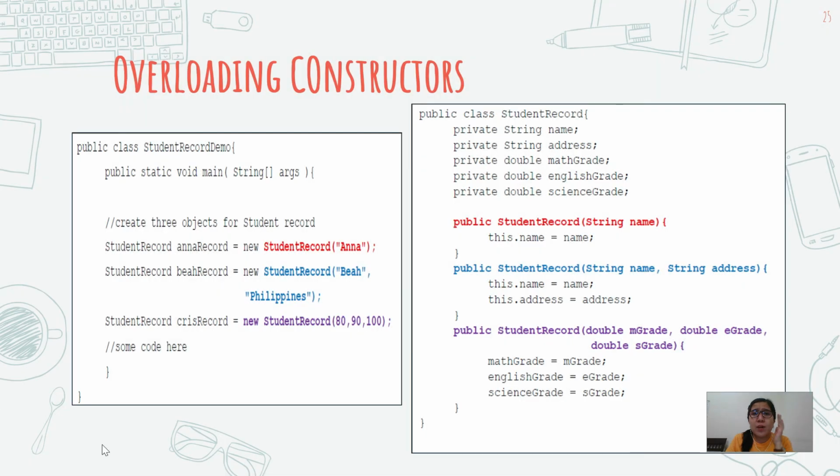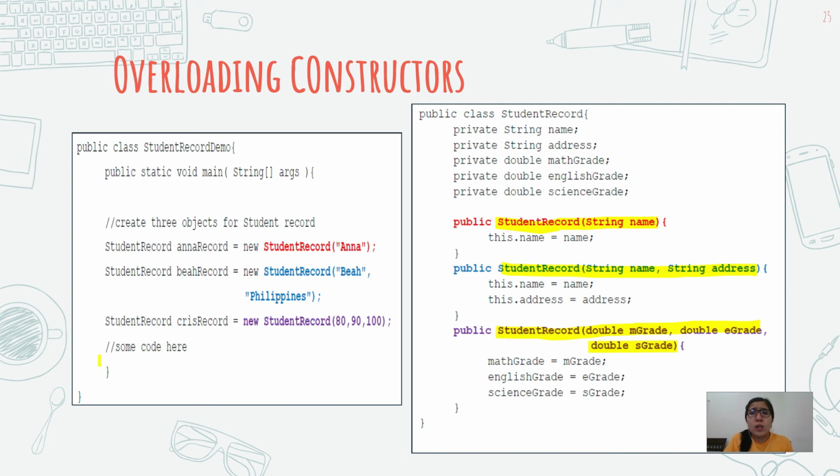So, we have here an example in the program. We have here this one as your one constructor having a string value. The second one is a constructor having 2 string values and another constructor holding 3 double values.